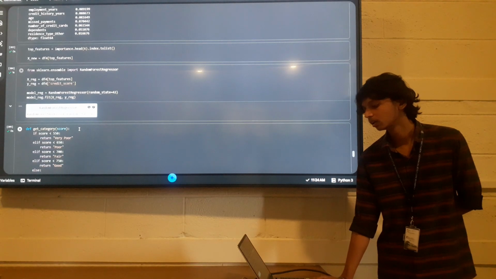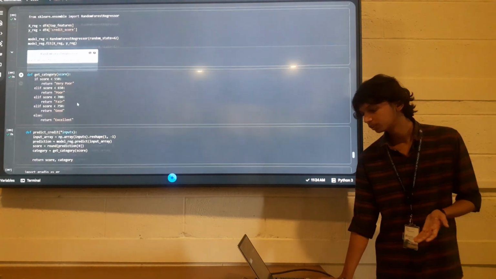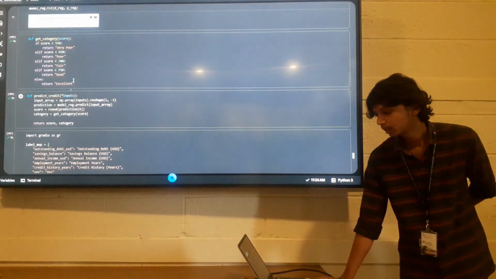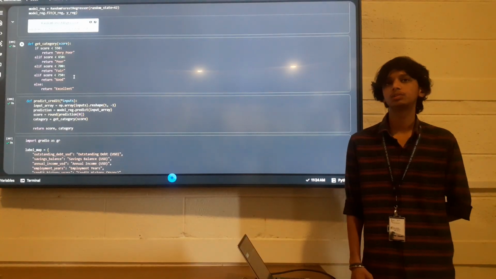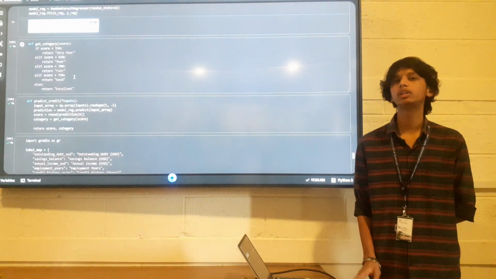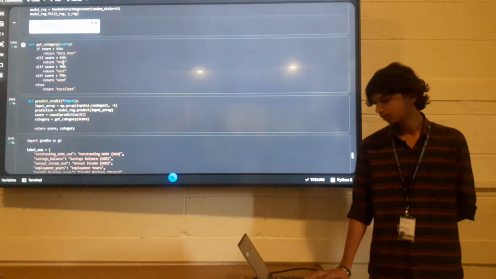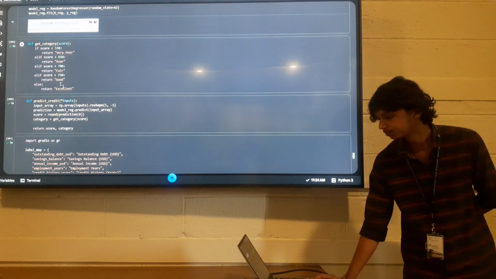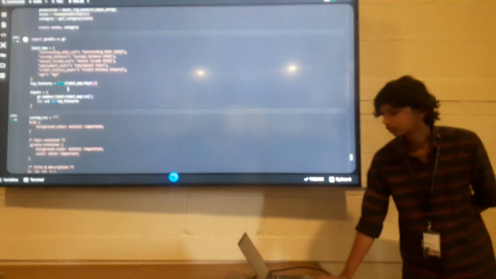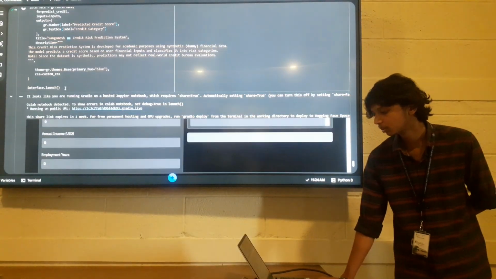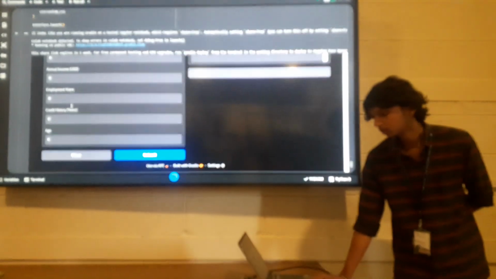Then I have created one more model which I have dumped in the Gradio, and the Gradio gives an output of credit score, and it should also classify the values, like if it is 600, then it should be poor. So this is the classification which I have done here. After building Gradio, I have used custom CSS for the background.